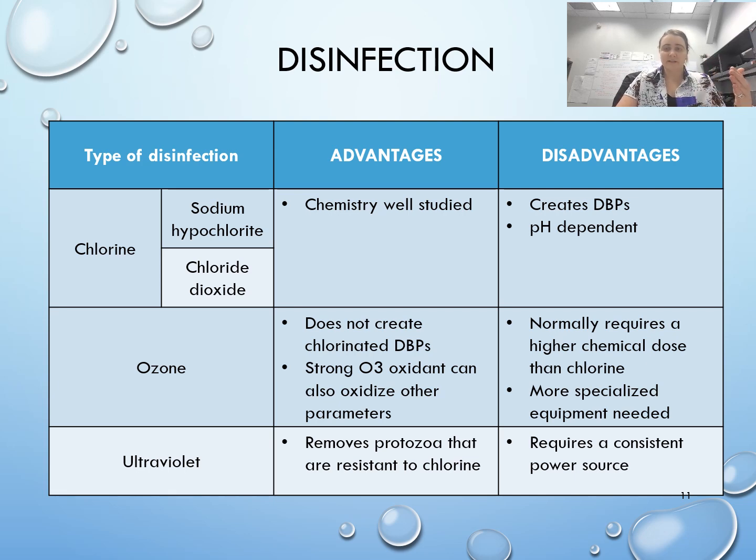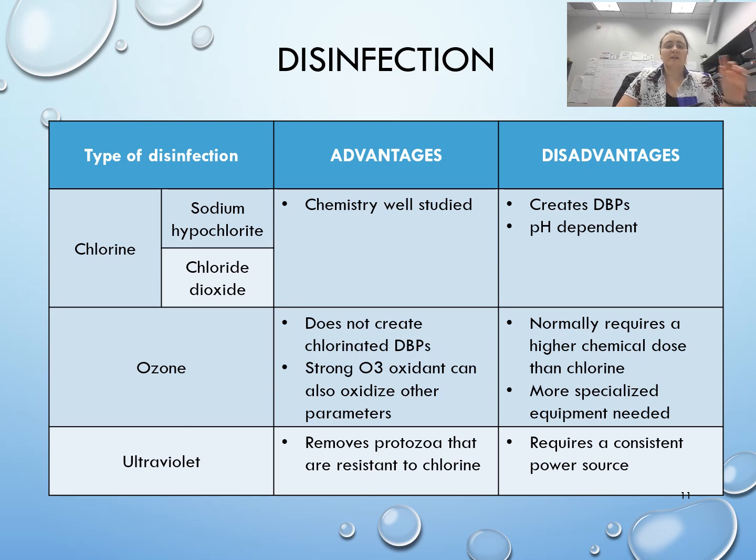There are wonderful graphs out there that show that when we started using chlorine, typhoid cases went down by millions across the world. The disadvantages of chlorine are that it creates what are called DBPs, disinfection byproducts, and that it's pH dependent. Whatever pH you have in the water has an impact on how potent that chemical disinfectant is. We'll talk about DBPs on the next slide.